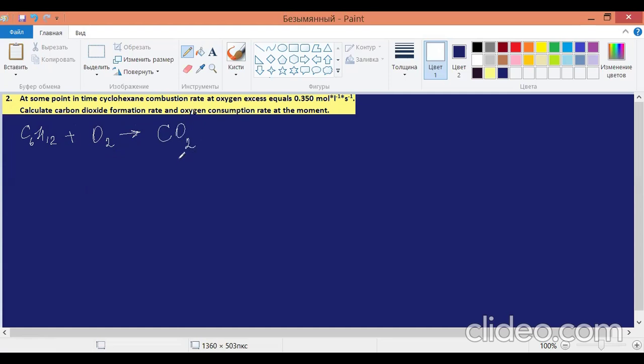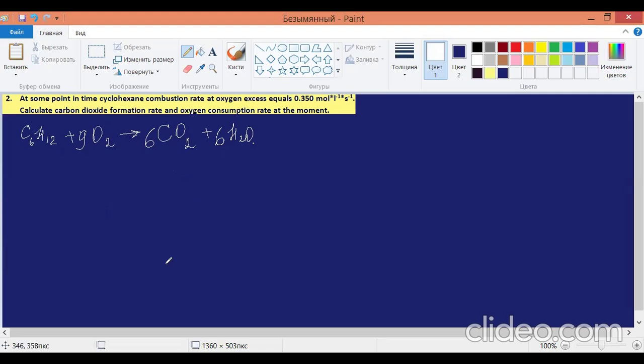It is combustion, so carbon dioxide and water vapors are formed, right? So 6, 12, and 9. Let me check it again. So 6C, 12H, 18O. Yeah, okay.